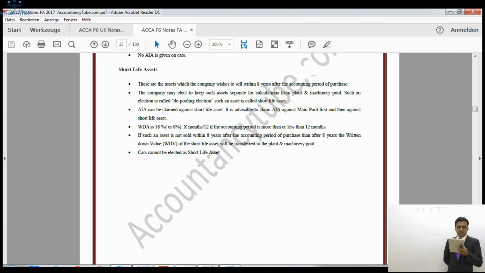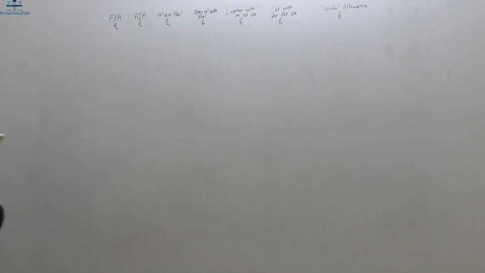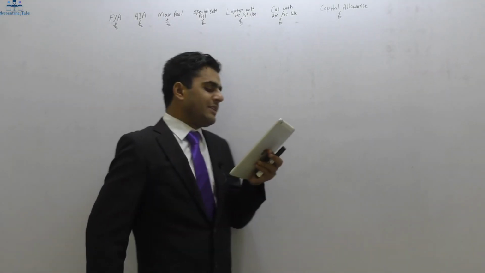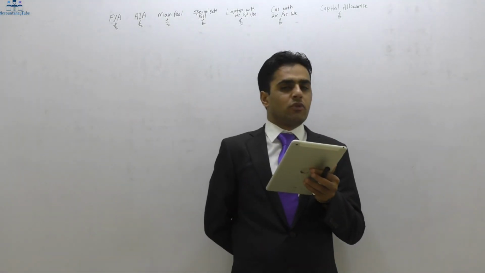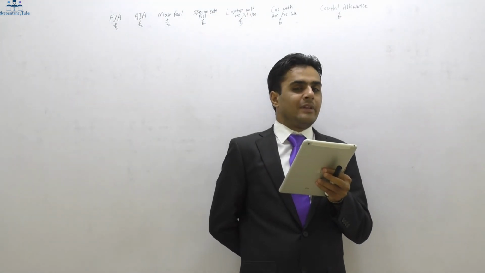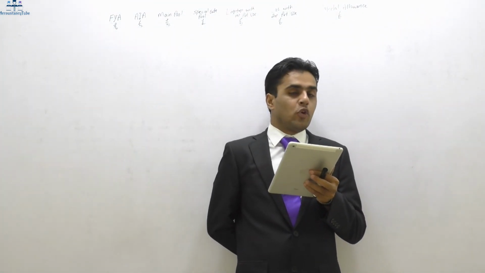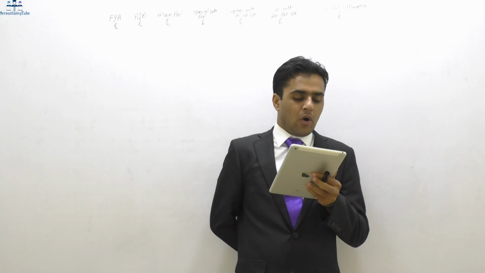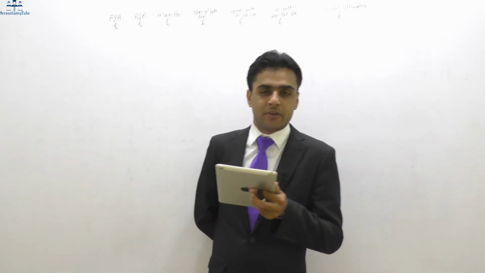Writing down allowance is 18% or 8% multiplied by months over 12. So in this category, short life assets, it could be either 18% or 8% depending on which type of asset it is.